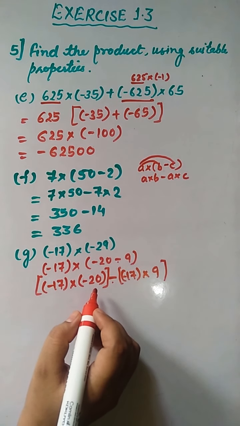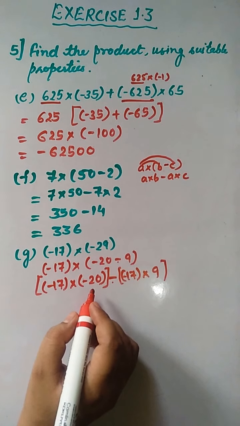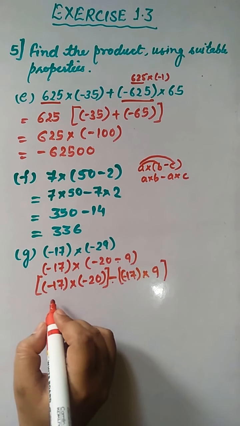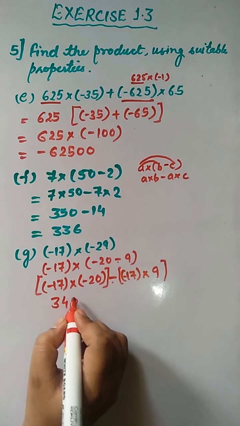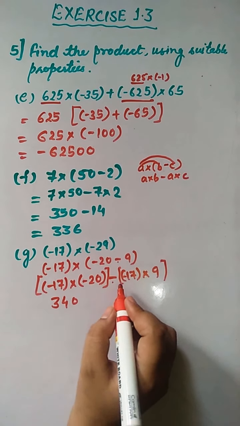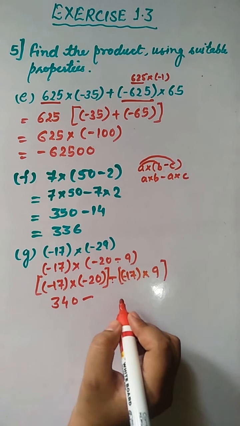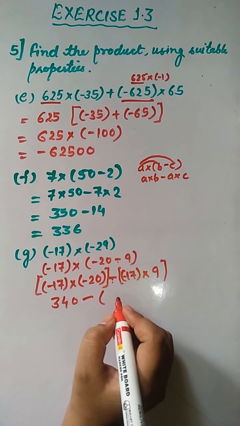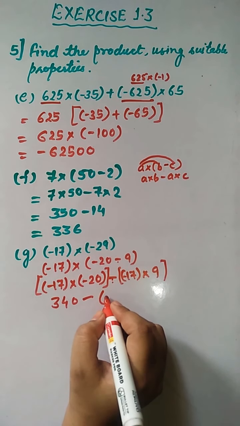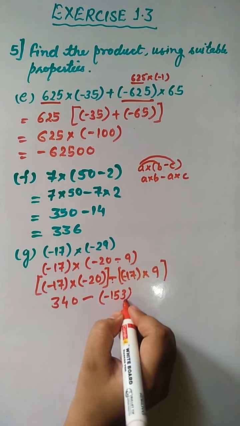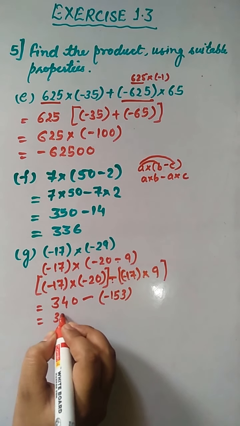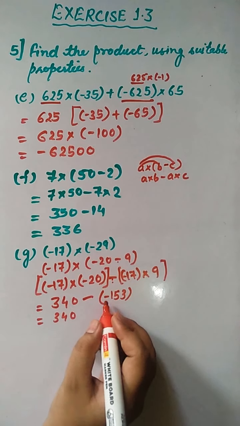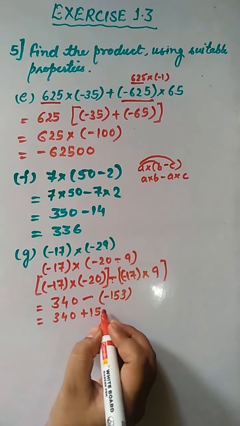So minus 17 into minus 20 is how much? 340, because minus minus will become plus, and this minus sign I am writing here only, and minus 17 into 9 is how much? Minus 153. So this will become 340, minus minus will become plus 153.